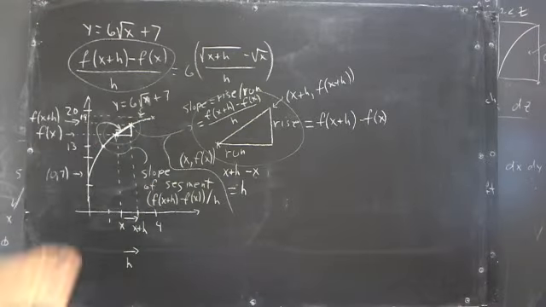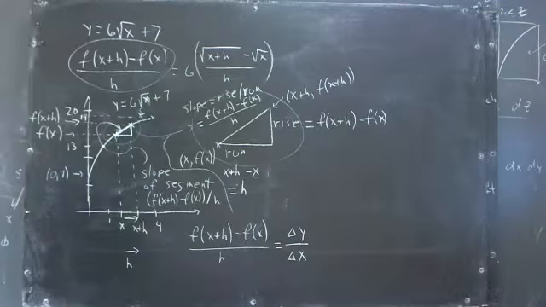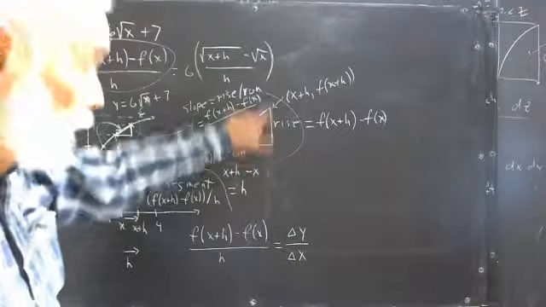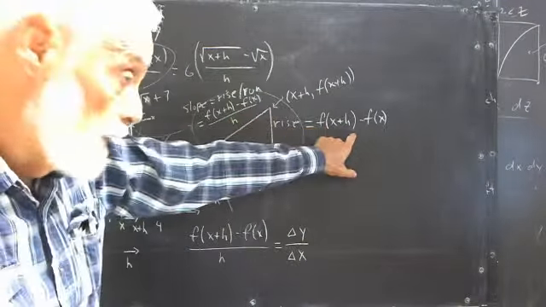So there's another interpretation. f of x plus h minus f of x over h is change in the y value divided by the change in the x value, because the rise here is the change in the y value, so there's the change in the y value.